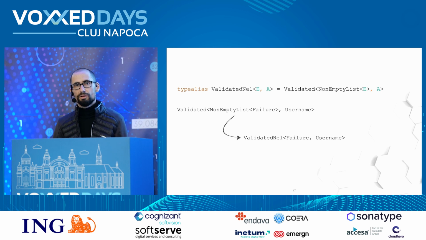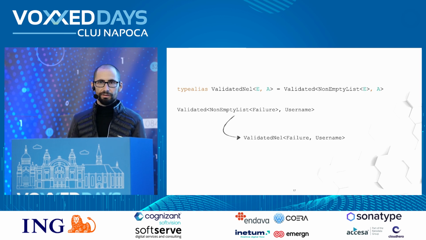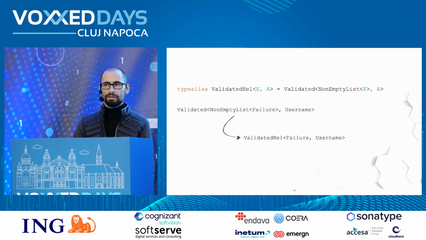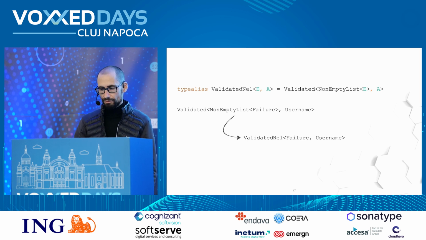Here, if you have one single top domain failure, you could write your own type alias to shrink it even more, to something like MySpecificValidated, just of the type on the right side, because on the left side we'll always have the type Failure.